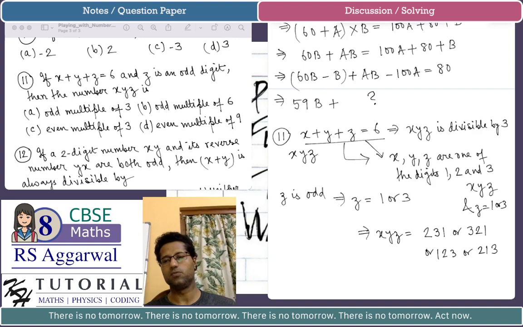And since the digit at the units place z is said to be odd, the whole number xyz is an odd number because z is an odd digit. So xyz will never be divisible by 2. So it will only be divisible by 3. Now the question is whether the number xyz is an odd multiple of 3 or an even multiple of 3.